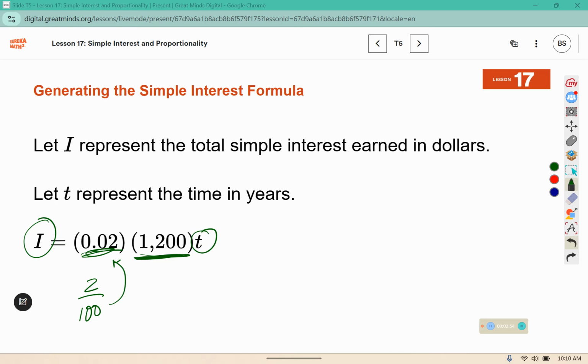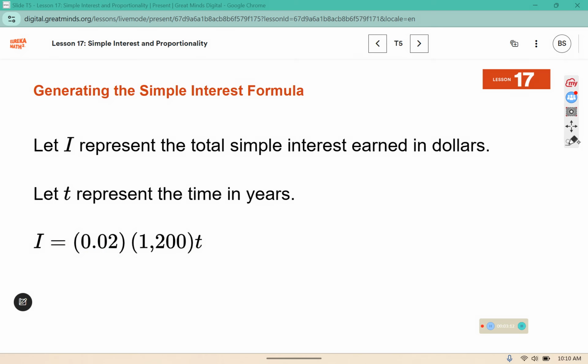So the formula that we use is I equals PRT. P stands for the principal, how much you start with. R is the rate, which is the percent, written in its decimal form. And T is the time.